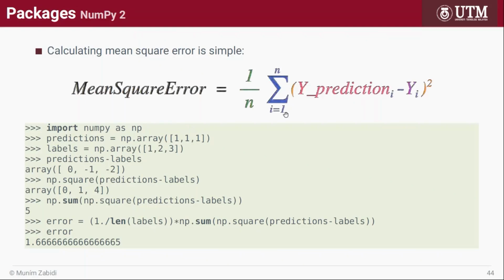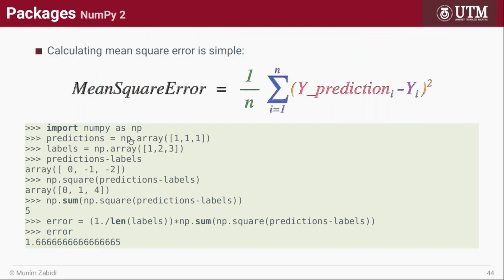So in this example, we have three numbers. The prediction is 1, 1, 1 because we are just starting, and then we have the labels 1, 2, 3. And then we want to find the mean square error. Basically, what we want to do is 1 minus 1 squared, 2 minus 1 squared, 3 minus 1 squared. It doesn't matter in either direction because it's squared, right?